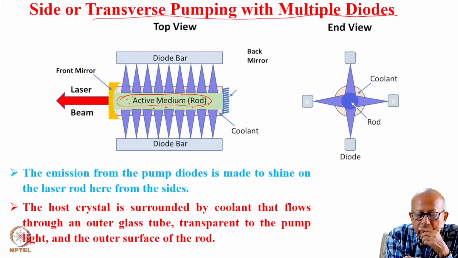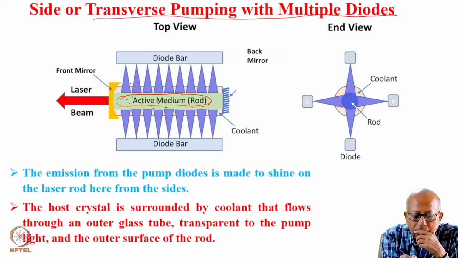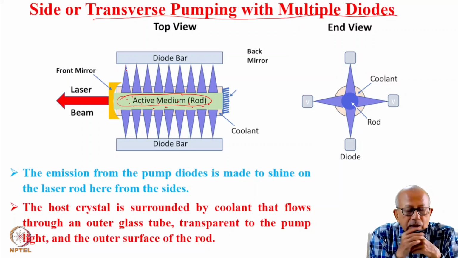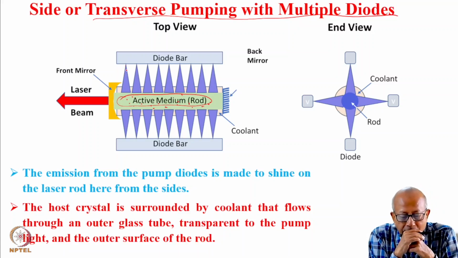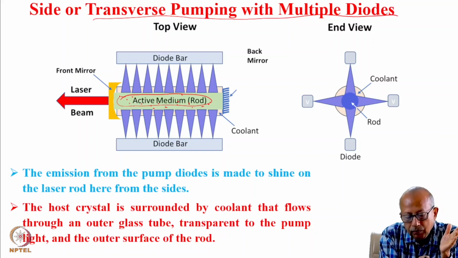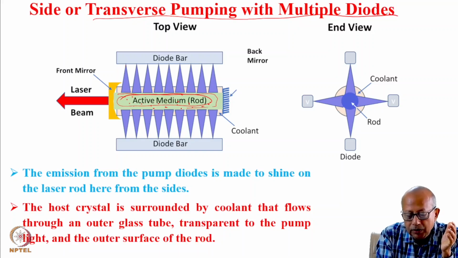That means there are many diodes placed one after the other. And these are the emissions of the diodes, which have been coupled with some appropriate optical element, not shown here, in such a way that you have very good, homogeneous pumping of the entire active medium.